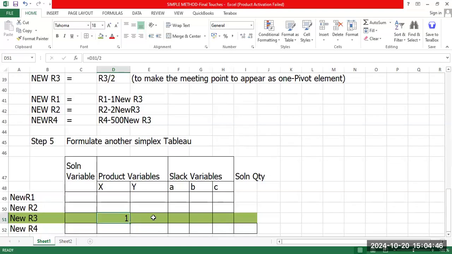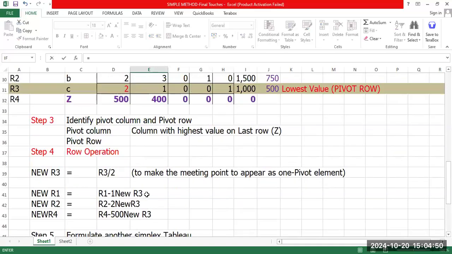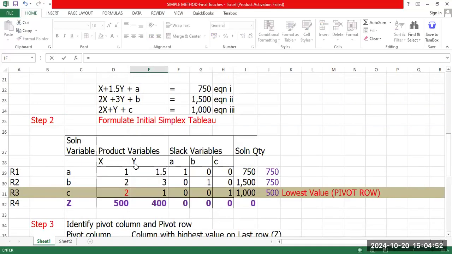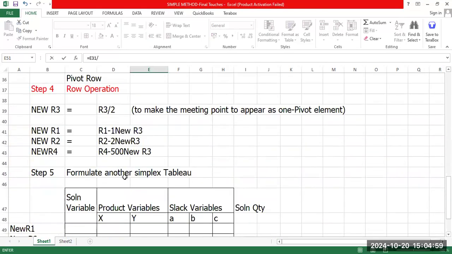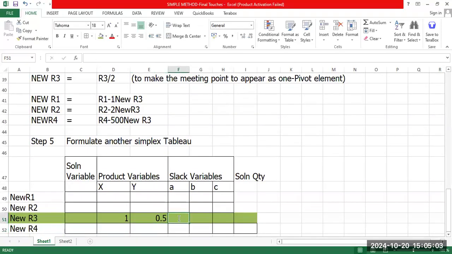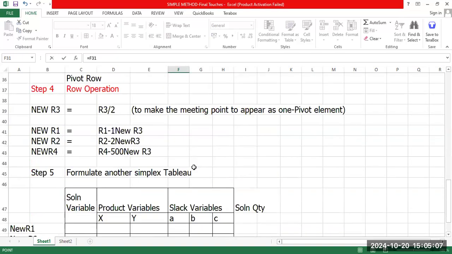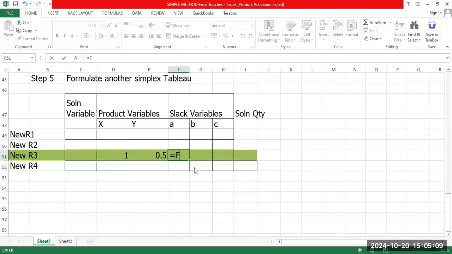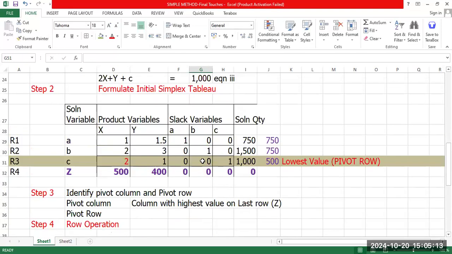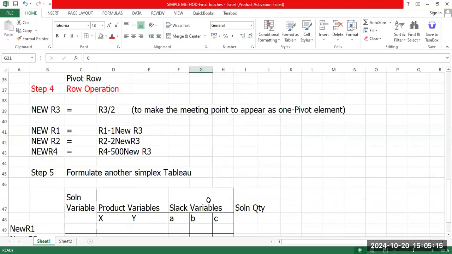And that's what you get. Then next you do the same. What is your original row 3 value? This is 1 divided by 2. Next, you do the same. 0 divided by 2, you get 0. Then next is 0 also.